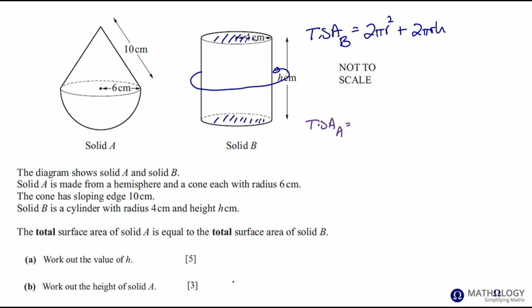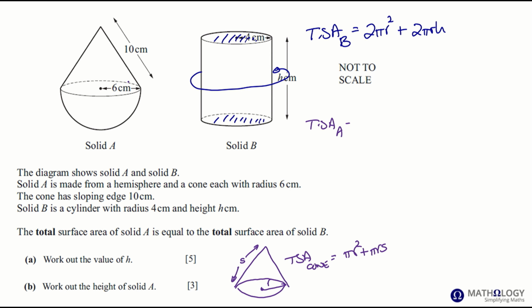So if we take the cone to start off with, the total surface area of a cone is given by pi r squared plus pi r s. S is the slant height of that cone, and r is the radius.